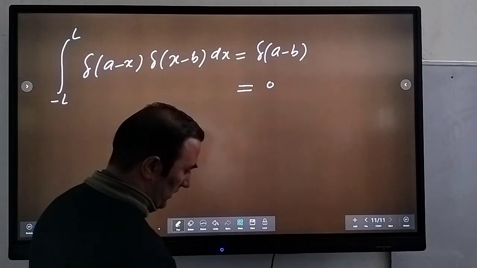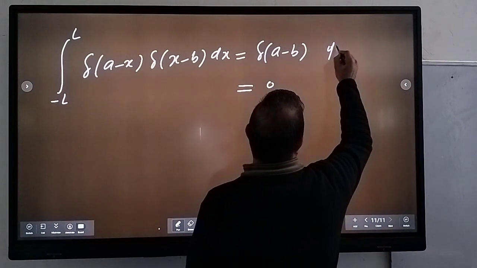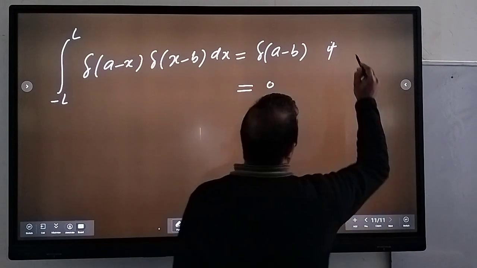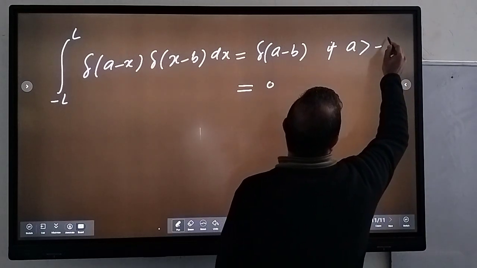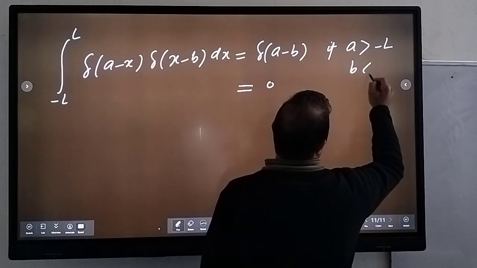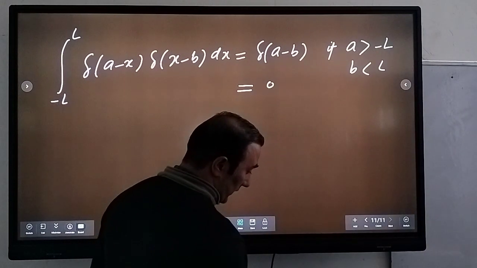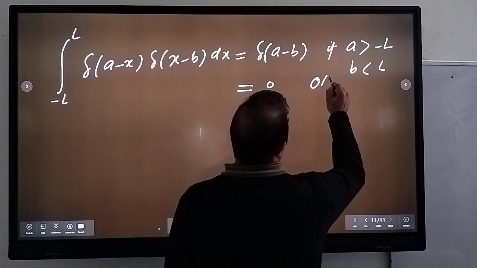So first, if a is greater than minus L and b is less than L, and in the second case it will be 0 otherwise.